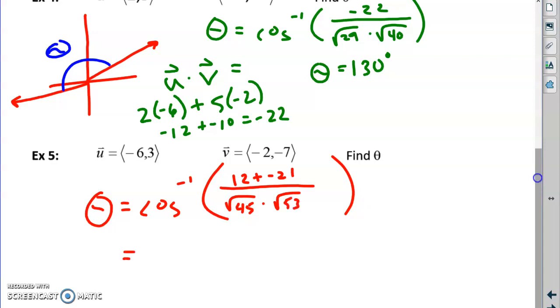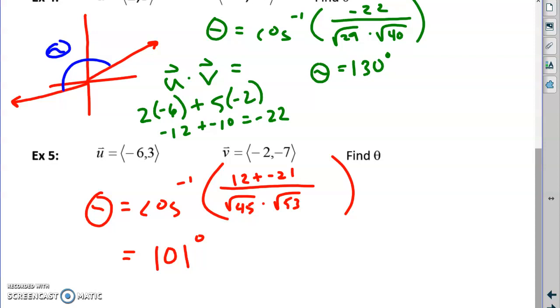You could do a little bit of simplifying in there if you wanted. Turn the 12 minus 21 into negative 9, or just throw it in like that. The angle theta to the nearest degree is 101 degrees. Very valuable tool. Will require a little memorization, but I think it's something we can do.